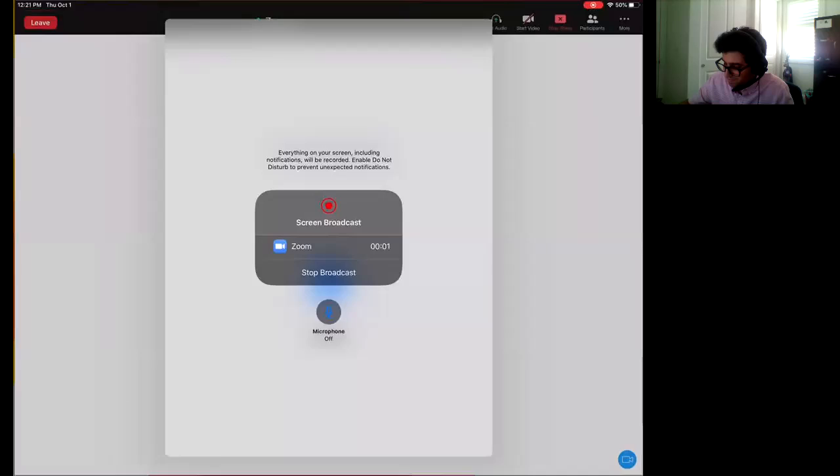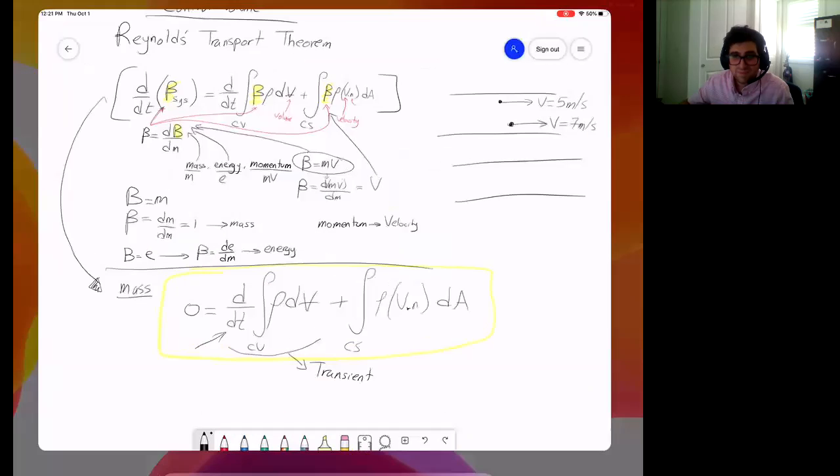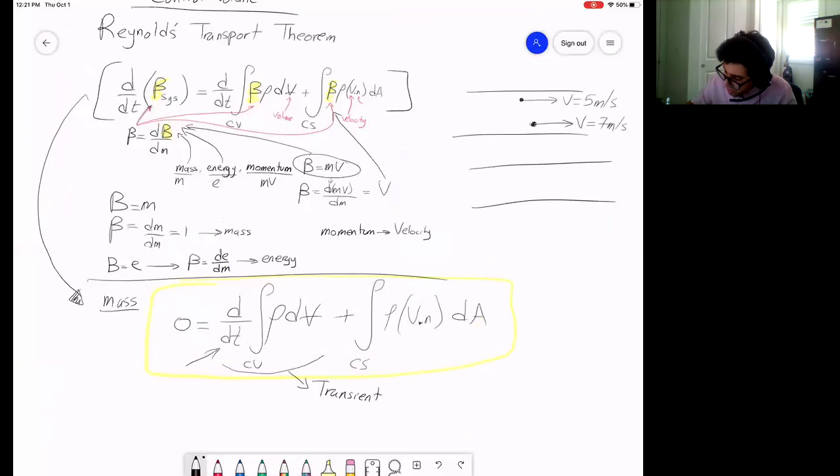Okay, let me just share my screen really quick. So if I write this one is equal to v, and the velocity here is equal to 5t, t being time, and velocity here is equal to 7t squared.